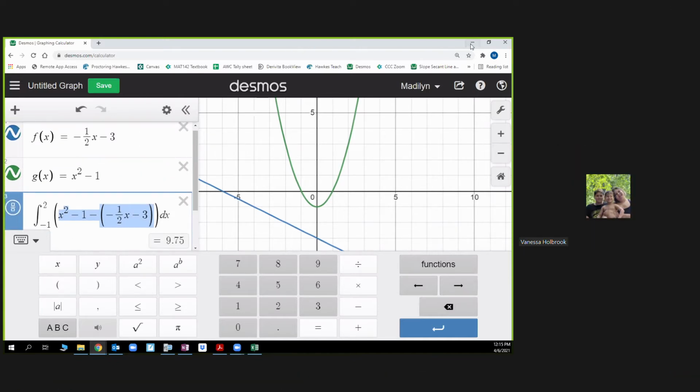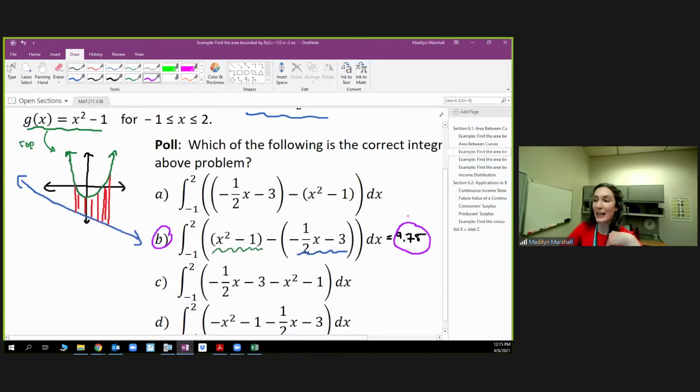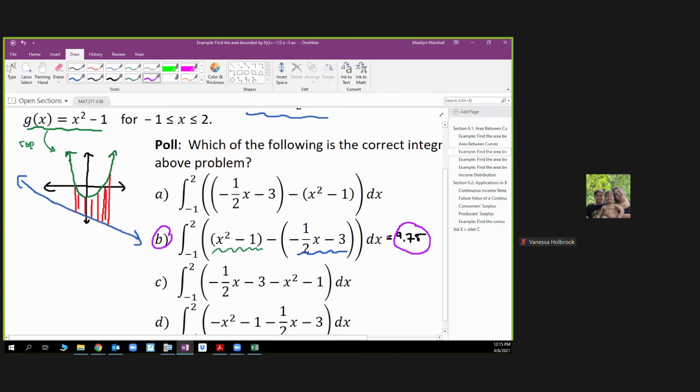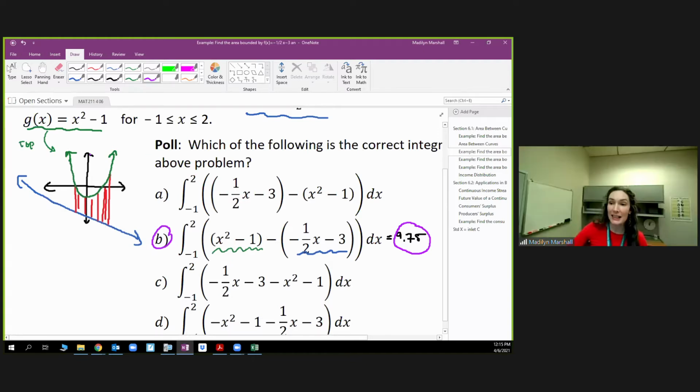So if we get a negative distance, then that would make it wrong. If you end up with a negative number, go back and check your work. So this is exactly why I say draw a graph first, even if it's not a perfect graph. We do need to know which function is on top and which one's on bottom.